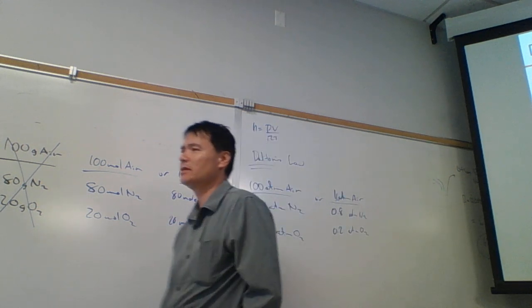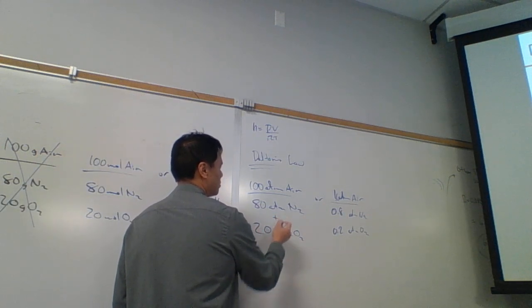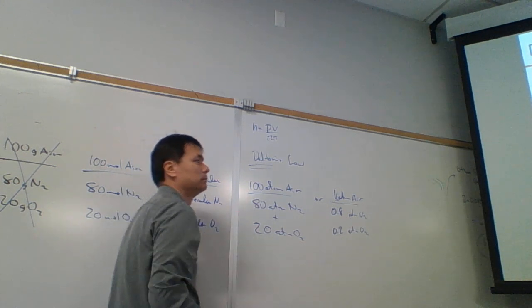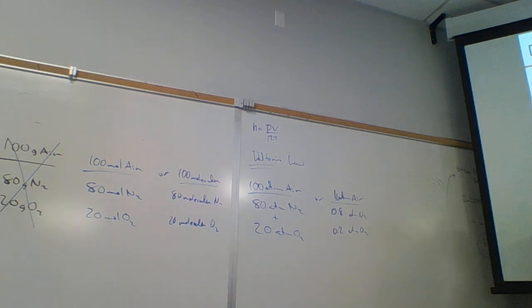Dalton's law says this: if you add up the pressure of the oxygen plus the pressure of the nitrogen, we get the pressure of air. So if I had 80 atmospheres of nitrogen and 20 atmospheres of oxygen, what is the total pressure of the air? 100.